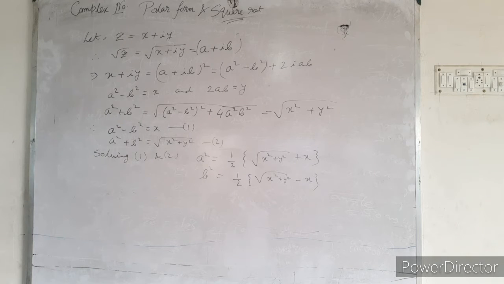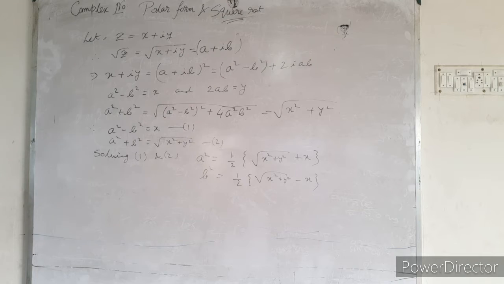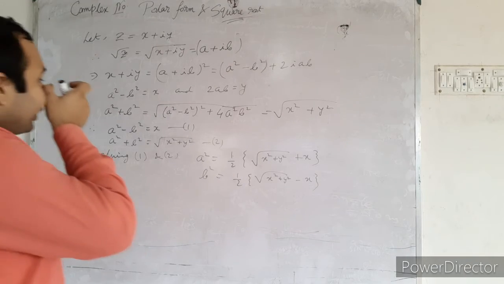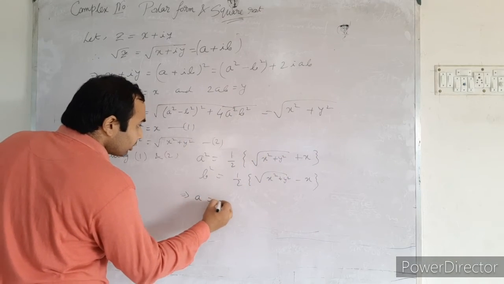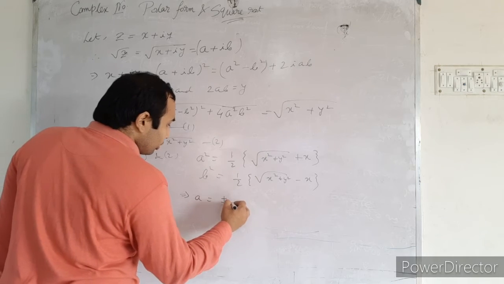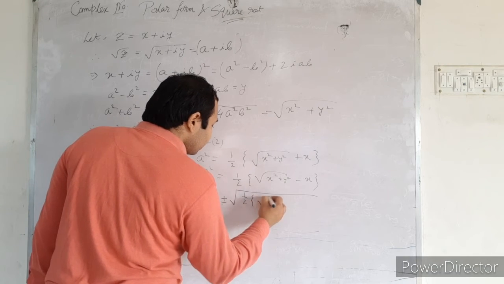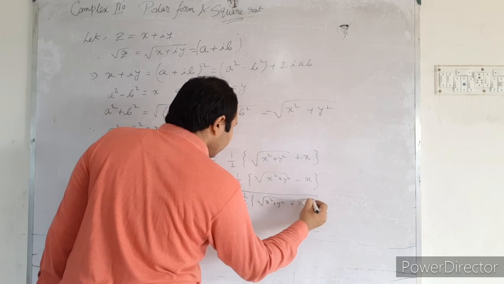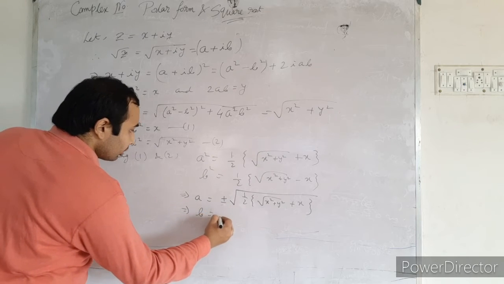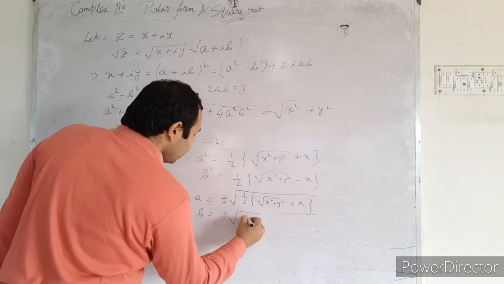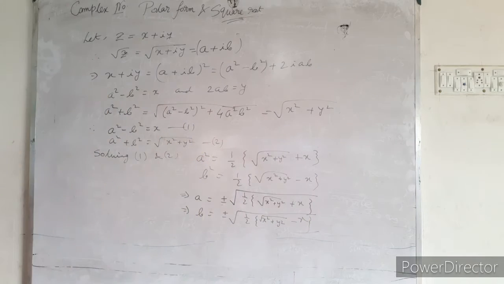Now this implies that a equals plus minus root over half of (root over x square plus y square plus x), and b equals plus minus root over half of (root over x square plus y square minus x).